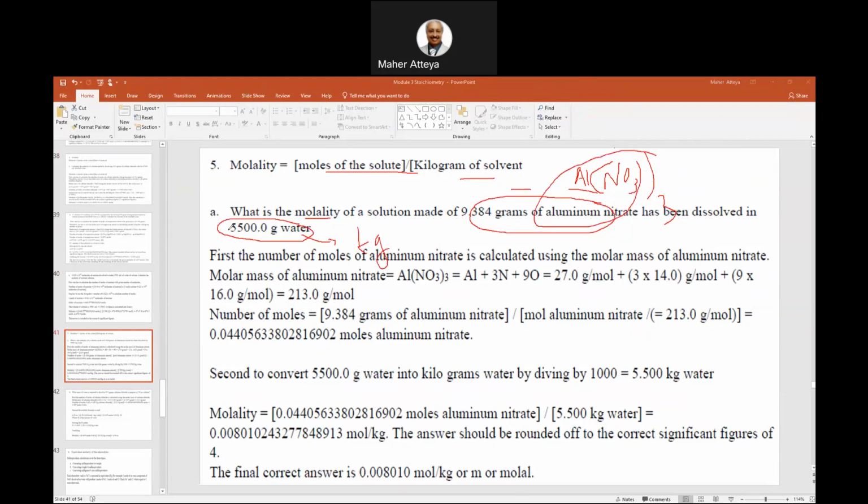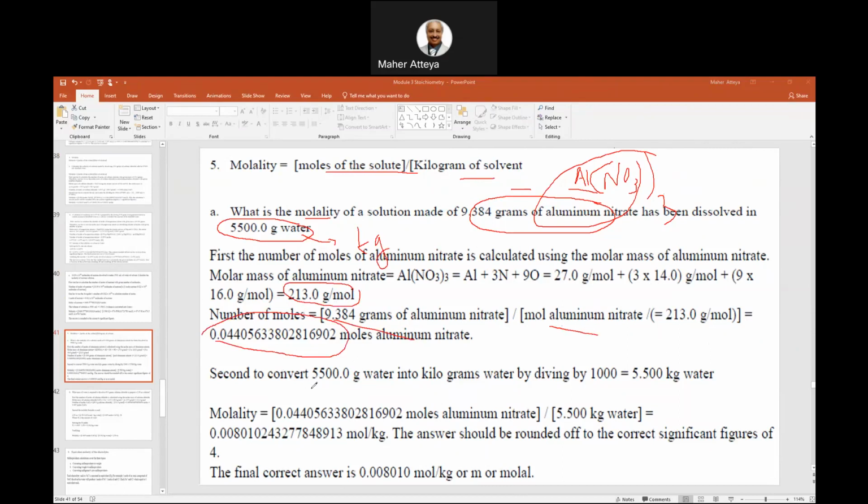The molar mass of this compound is 1 aluminum, 3 nitrogens, and 9 oxygens, and you can just calculate the whole thing. Aluminum is 27, oxygen is 16, and nitrogen is 14. You do all this calculation and end up with the molar mass. You divide the number of grams by the molar mass to get the number of moles.